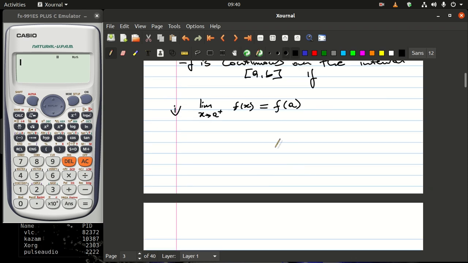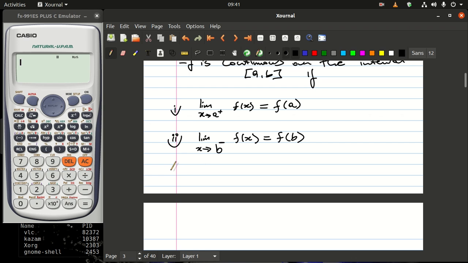Secondly, the limit as x approaches b from the left of f of x must be equal to f of b. That's what is important.